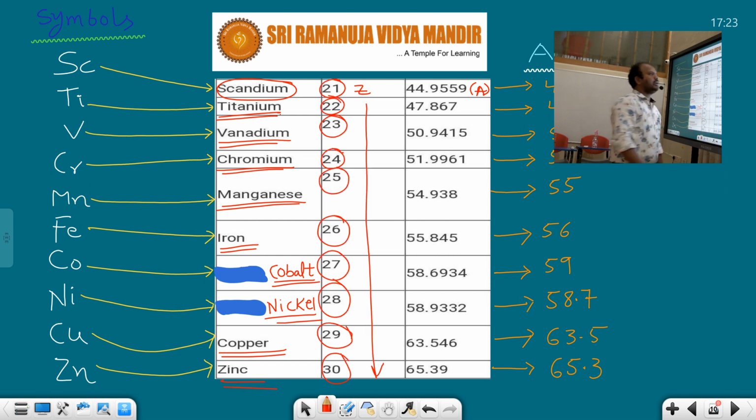After that, the atomic masses. Scandium atomic mass is 45. Atomic mass is also called mass number or atomic weight. Titanium atomic mass is 48. Vanadium 51. Chromium atomic weight is 52.